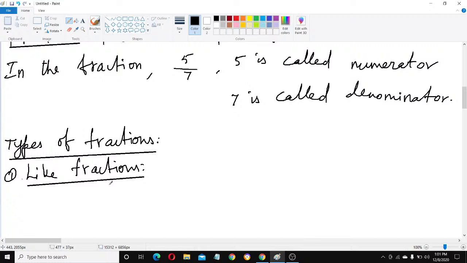Already these definitions we have learned in 5th class. What are like fractions? Fractions with the same denominator. First I'll write the definition.